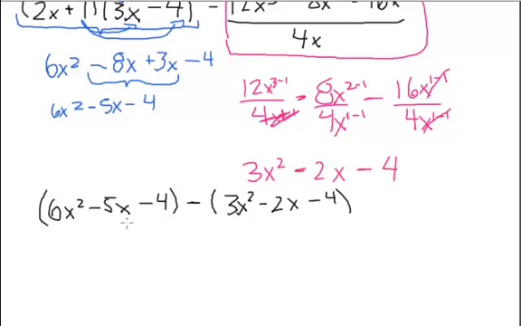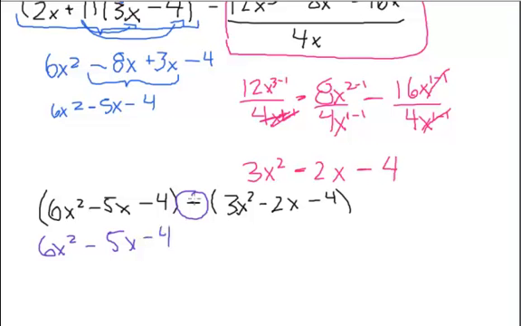Okay, so I'm going to look outside my brackets and see, is there any negative that I have to distribute? And I can see right away that there is a negative right there. There's no negative here, so I can just take out the brackets and rewrite it without them.